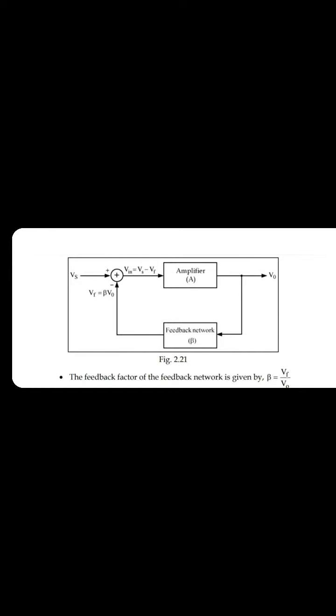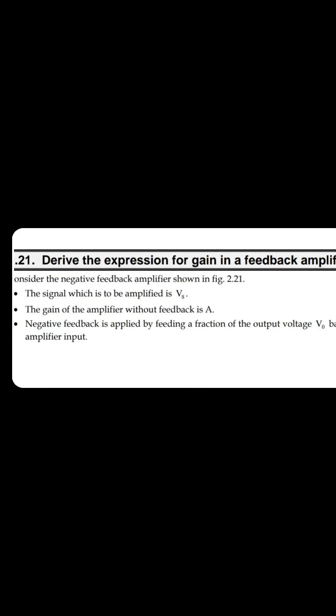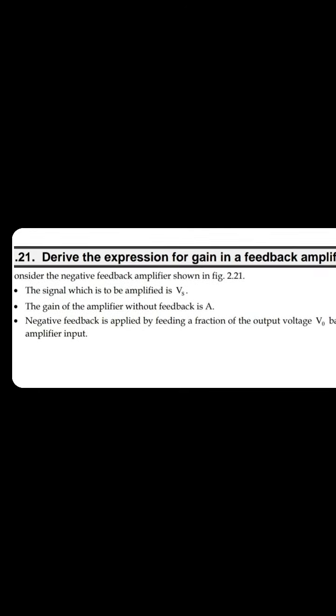So the overall gain we can define as V naught by Vs. The gain of the amplifier without feedback is A. Negative feedback is applied by feeding a fraction of the output voltage V naught back to the amplifier input. The feedback factor of the beta network is beta equals Vf by V naught. Vf is the feedback signal, and V naught is the output signal, which is the input to the feedback network.